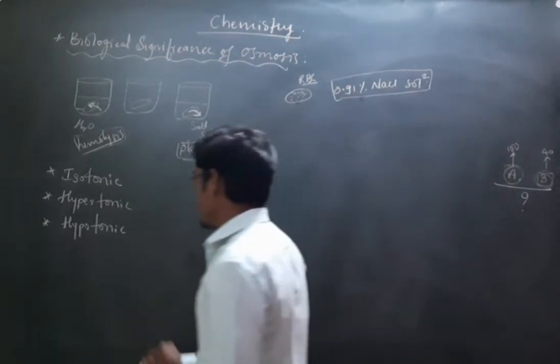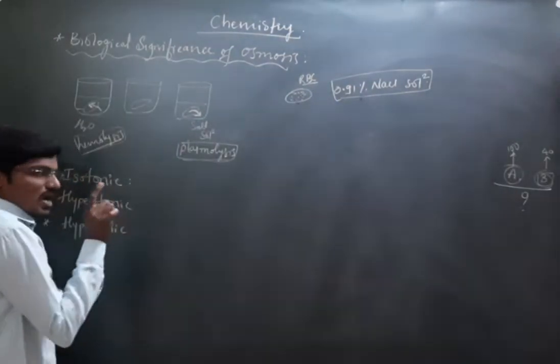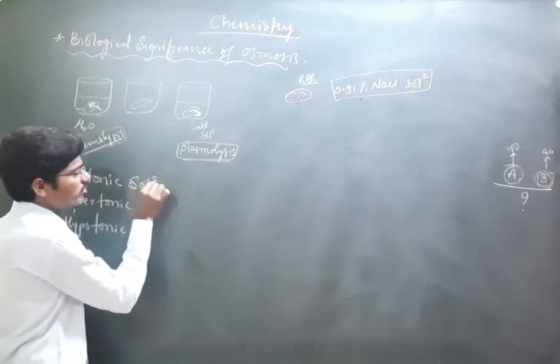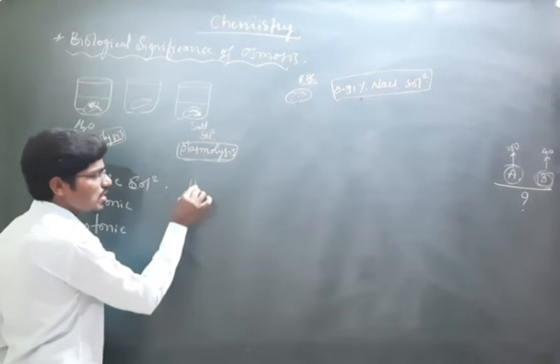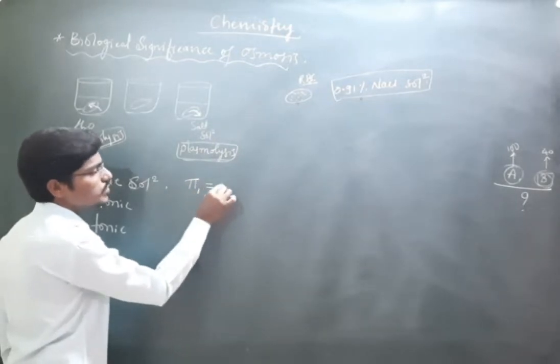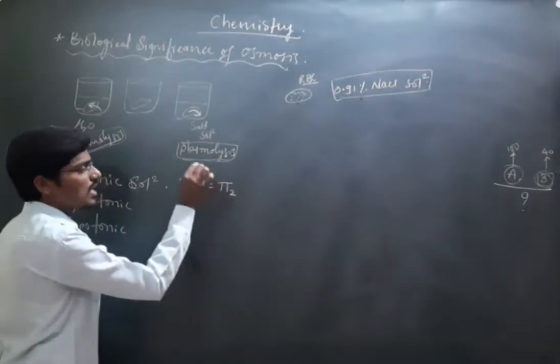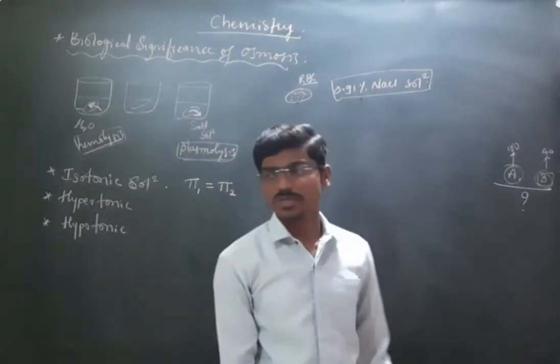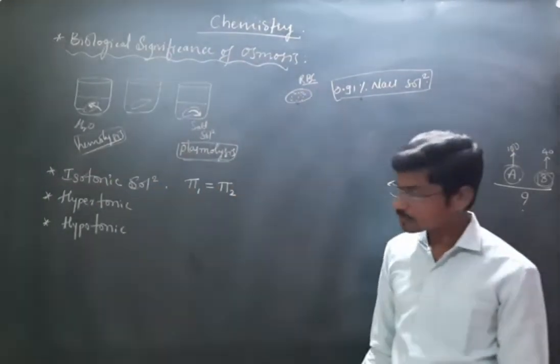So here we can define that isotonic solutions are solutions which have the same osmotic pressure, pi 1 equals pi 2, where pi represents osmotic pressure.